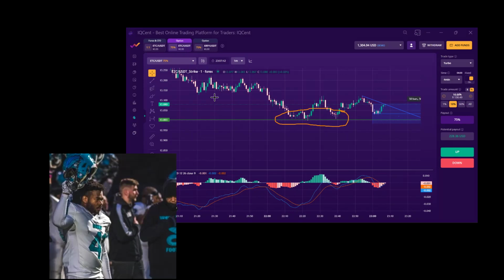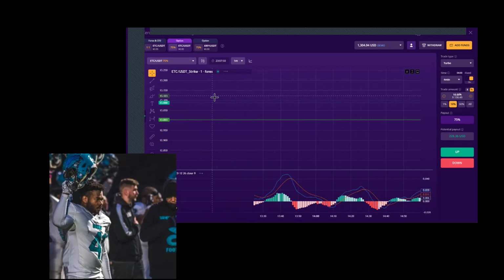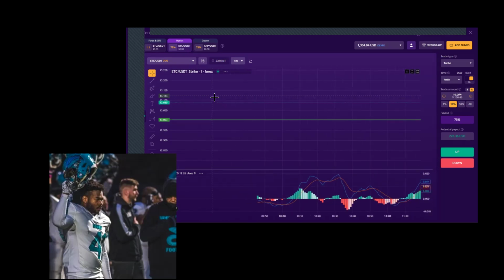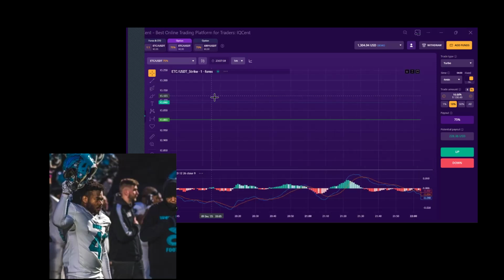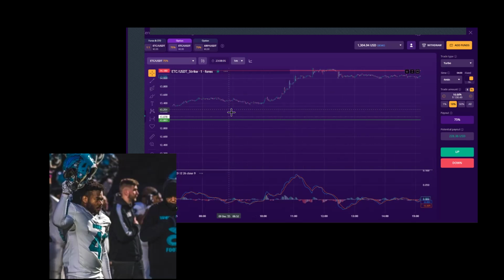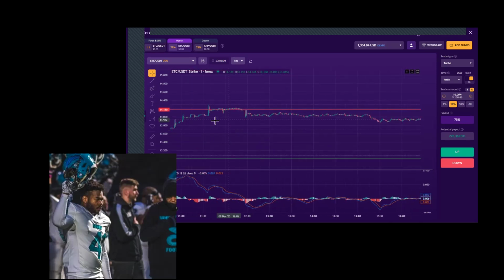Where else further down the line? I'm not seeing anything else, but that's probably because I'm on a 1 minute time frame and it's levitating above the line. So up here as well was a chance to get in.